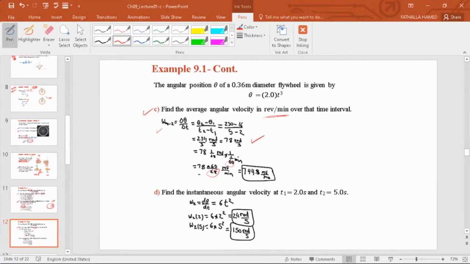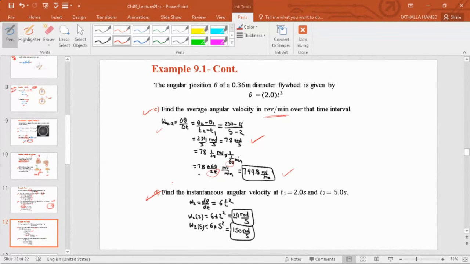That's equivalent to saying it's 78 times 60 divided by 2 pi, and that will give you 744.8 revolutions per minute. Remember when we talked about unit conversions in chapter number 1. So here 78 rad per second is equivalent to 744.8 revolutions per minute. And many times, if you're given something in RPM, which is revolutions per minute, you have to convert it to rad per second.